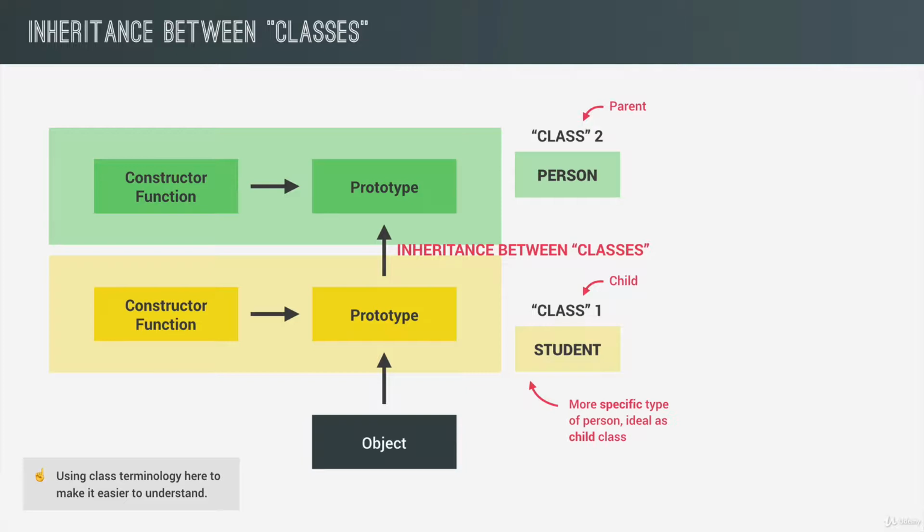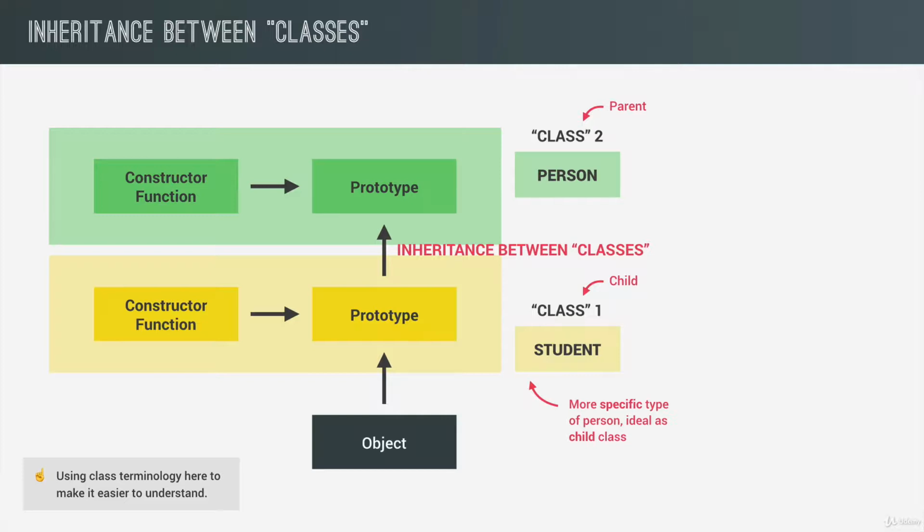And so this is an ideal child class. Now this is really useful because with this inheritance setup, we can have specific methods for the student, but then the student can also use generic person methods like the calc_age method that we have been using. And that's basically the idea of inheritance that we're going to implement in this lecture.